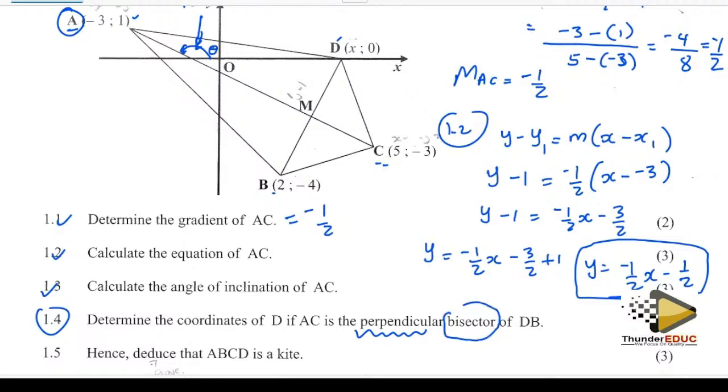So if AC is a perpendicular bisector of BD, which means this side is the same as this side, and M becomes the midpoint.